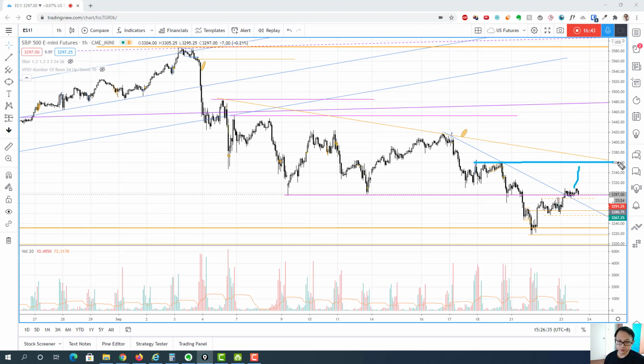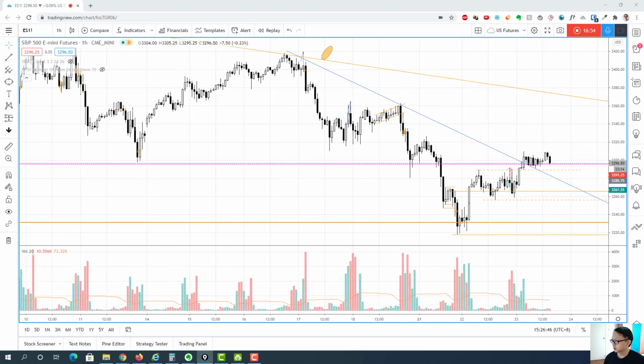So the immediate resistance level will be around 3360. But of course, first of all, we definitely need to break out from this immediate high here. So that's the immediate resistance level, or the range here, that needs a breakout. Then you can expect continuation to the upside.